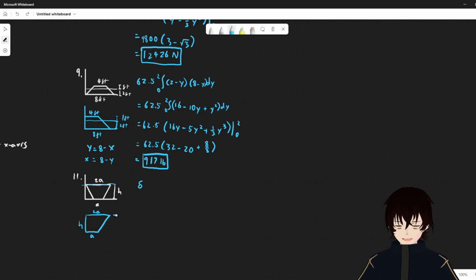My brain's not working because this is algebra. I need the slope here. That's gonna be rise over run, H over A. Okay, so we have X equals 4 plus H over A Y. Seems about right.